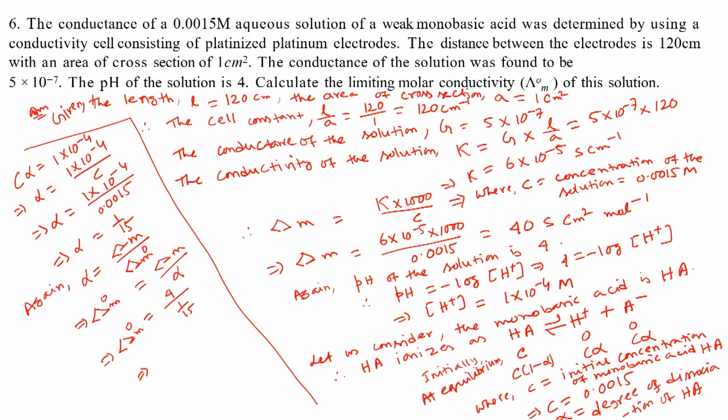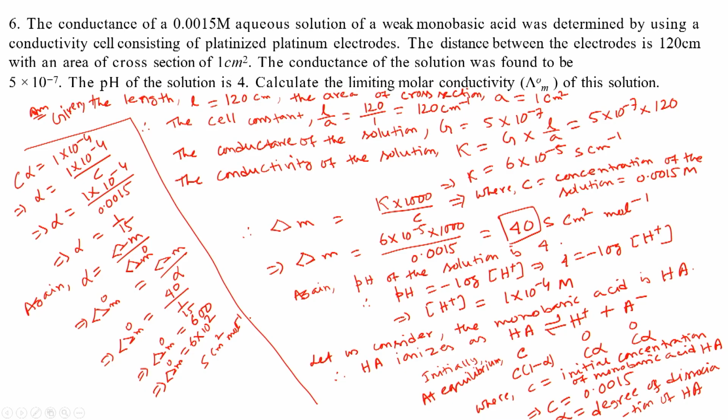This is 4, no, 40 we got, yeah, 40, not 4. So, 40 by 1 by 15. So, lambda m naught we get 600, or we can write lambda m naught is 6 times 10 raised to the 2 S centimeter squared mole inverse.